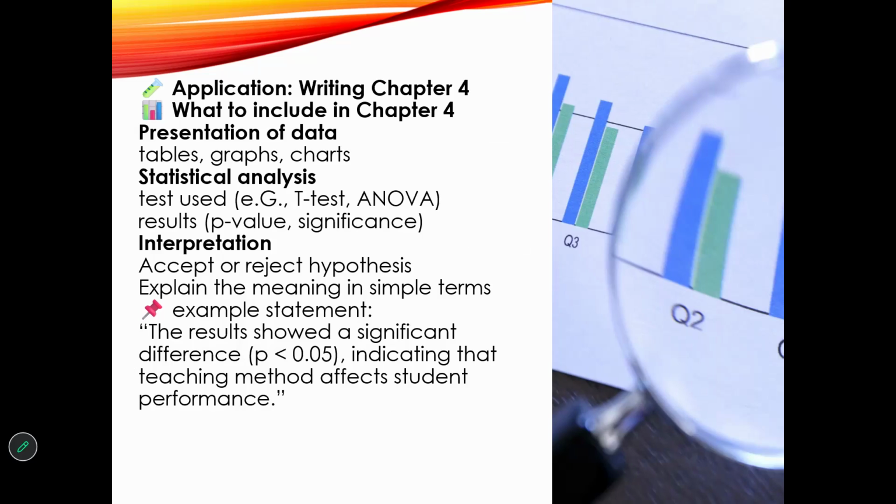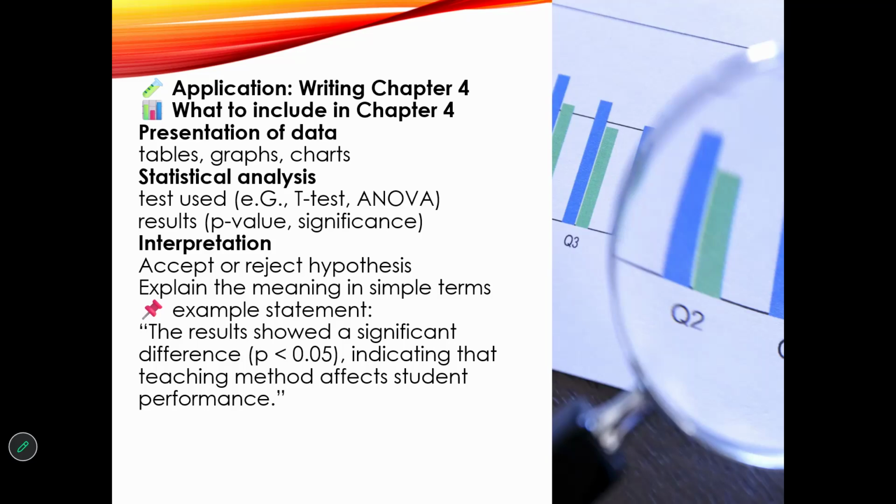And for the application, you will have to write your Chapter 4. We already discussed this in the past lesson, and this is just a reminder. What will you include in your Chapter 4? Of course, the presentation of your gathered data in tables, graphs, or charts. You will also include the statistical analysis. What did you use in your study?